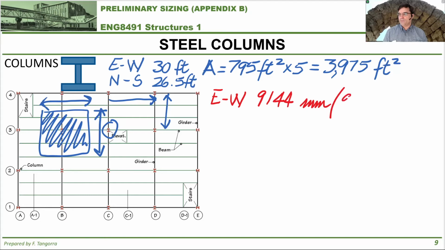And I'm going to convert it to meters because it makes it easier to calculate the areas. Like this. And the north-south bays are spaced at 8,077 millimeters.